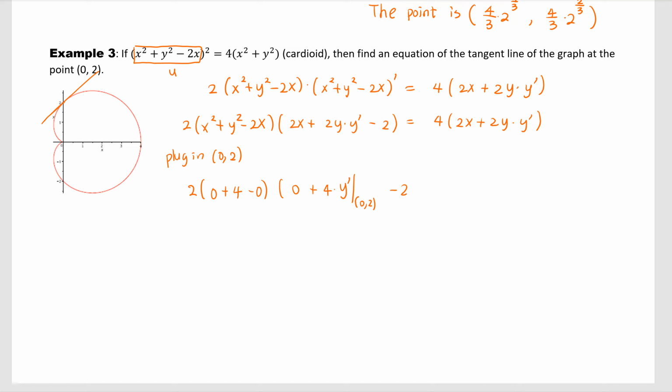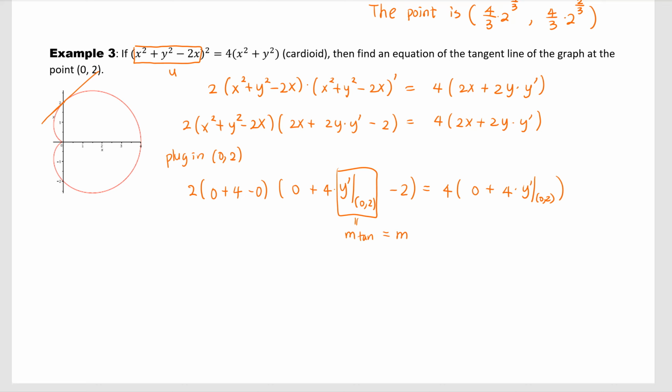And then we also have the minus 2, x is 0, y is 2, so we have 4, and then y prime evaluated at (0, 2). This is exactly our m tangent. In order to make the symbol look nicer and easier, I just use the notation m.